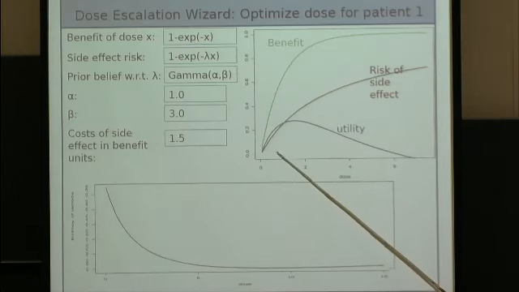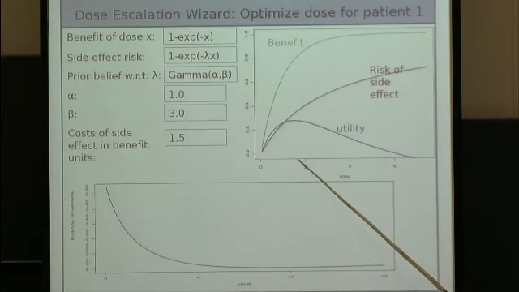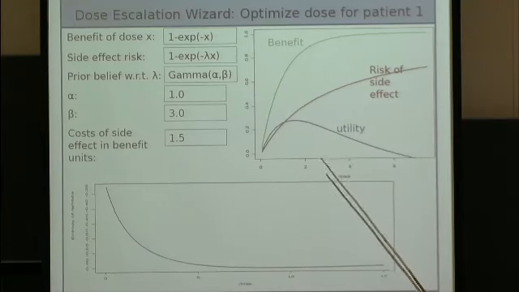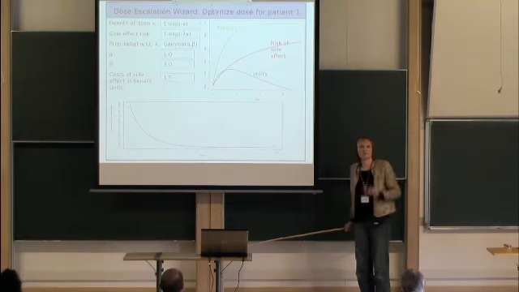Based on our prior belief, we see that the dose level that would maximize the utility for the first patient is approximately 1.8. But on the other hand, we also want to conduct an experiment that teaches us something.